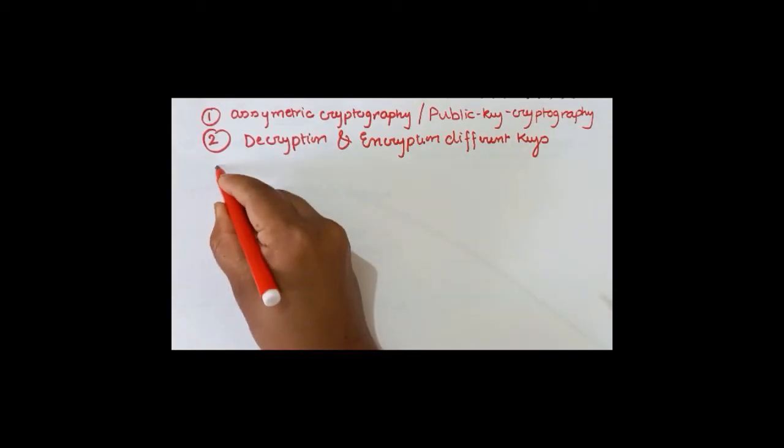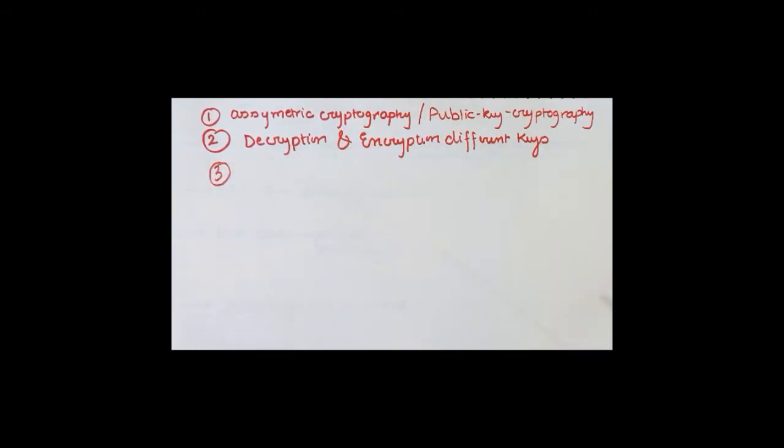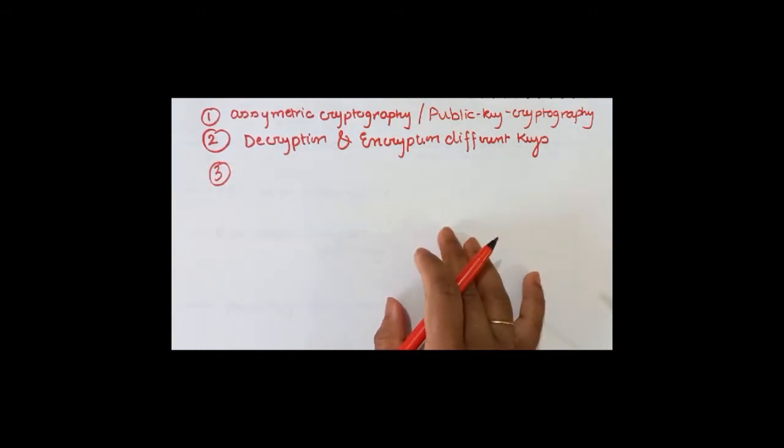Now the third point is that it is computationally infeasible to determine the decryption key if you are given knowledge of the cryptographic algorithm along with the encryption key. Can you understand what I mean?